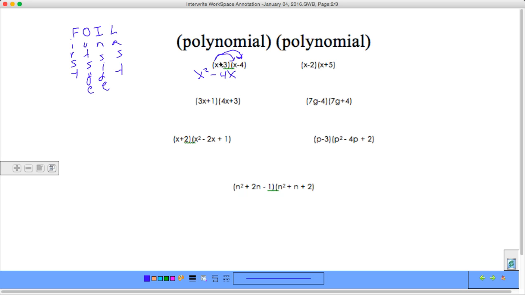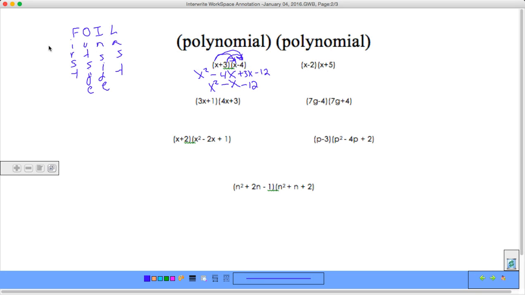And then the inside would be 3 times x, so that's 3x. And the last would be 3 times negative 4, which is negative 12. Then combining the like terms in the middle, negative 4x plus 3x is just negative 1x. And we are done.